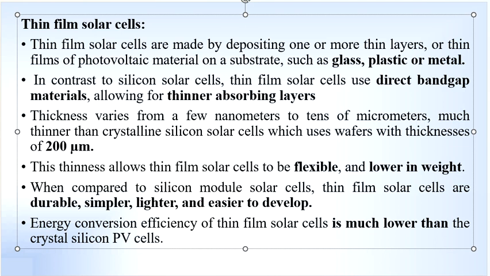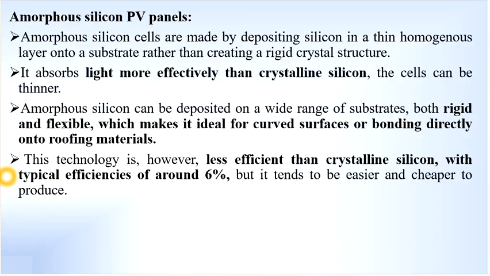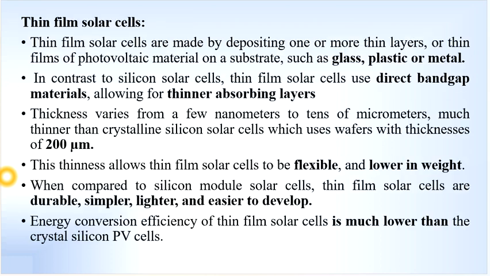Okay, and you know, amorphous can be thin film, or thin film is also a separate one. We can even consider thin film as a separate structure. So if you specifically deal with thin film, these cells are made by depositing one or more thin film layers of photovoltaic material on a substrate such as glass, plastic or metal.